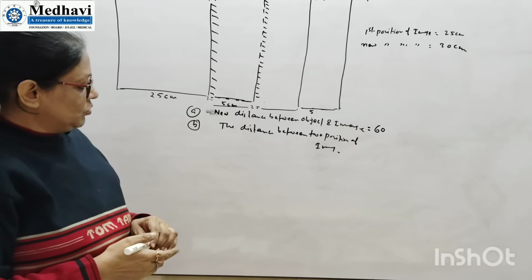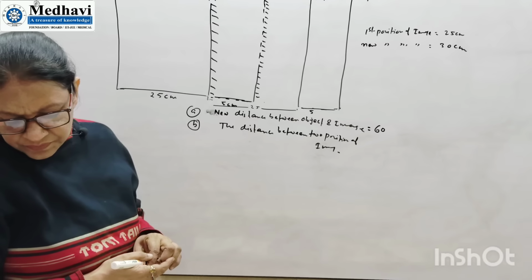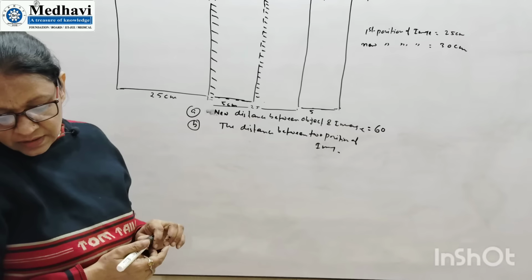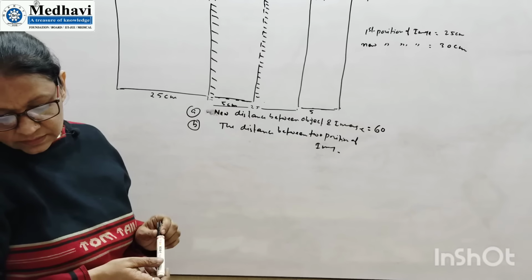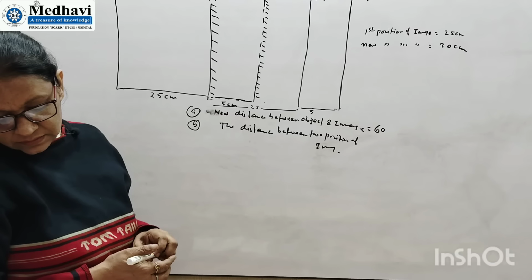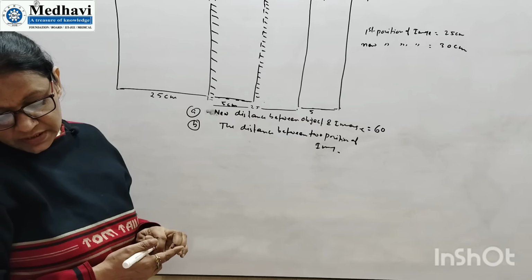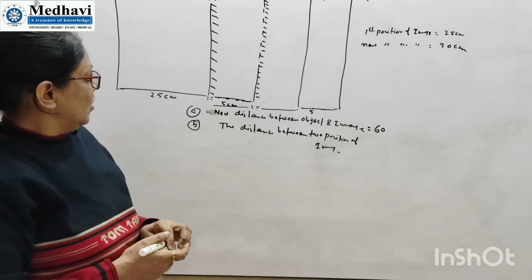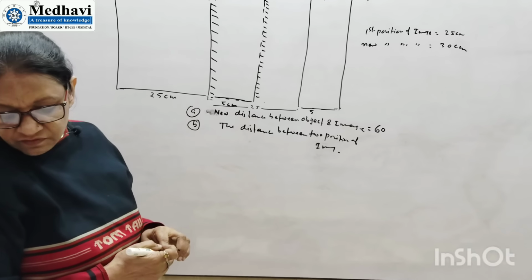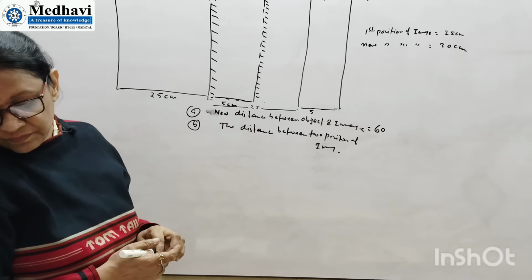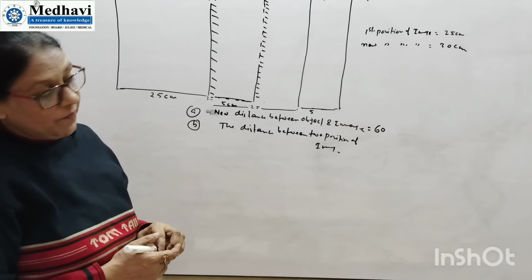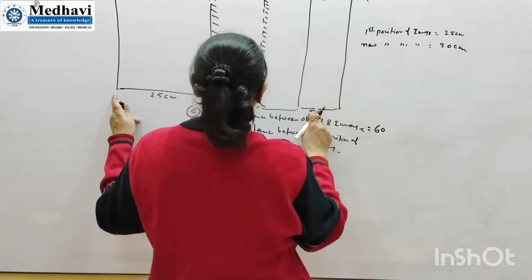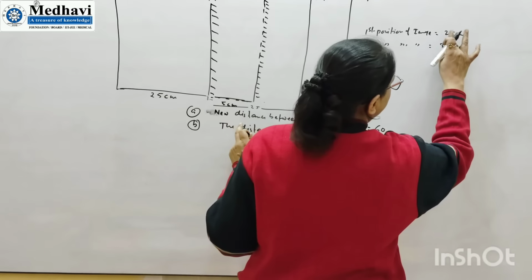So, the distance between two positions of image from the object: the first position of image from the object is 25 plus 25, it is 50.